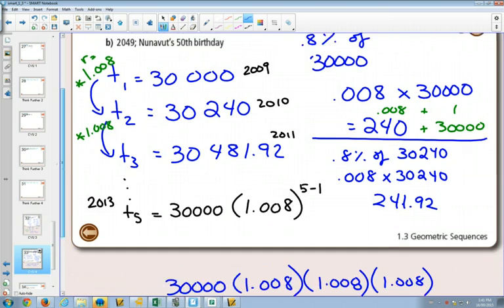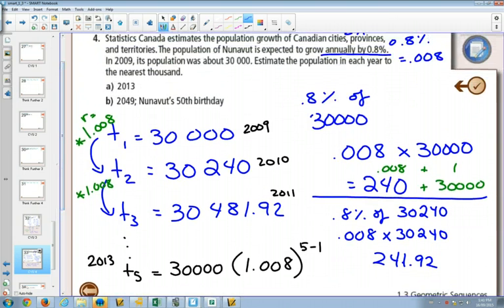Now, in these real-life word problems, one of the things that's going to be tricky is to figure out what term these are. So if we made 2009 term 1, sometimes you'll be tempted to say 2013 is term 4. Because if you do 13 minus 9, you're going to get 4, not 5.